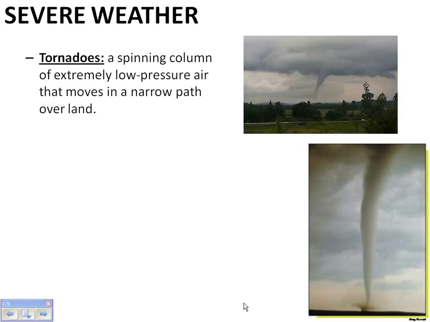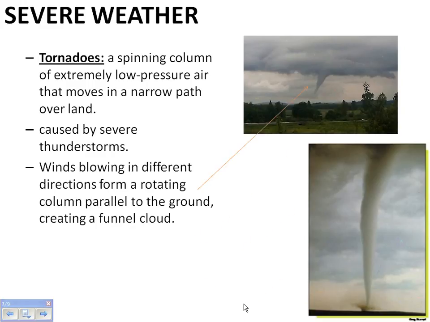Another type of severe weather are tornadoes, which is a spinning column of extremely low pressure air that moves in a narrow path over land. Tornadoes are generally caused from severe thunderstorms. Winds blow in different directions from a rotating column parallel to the ground, creating a funnel cloud, which you can see in the picture.